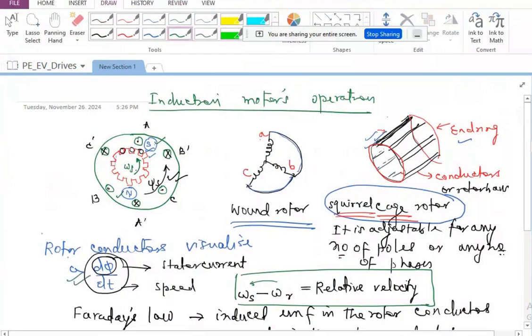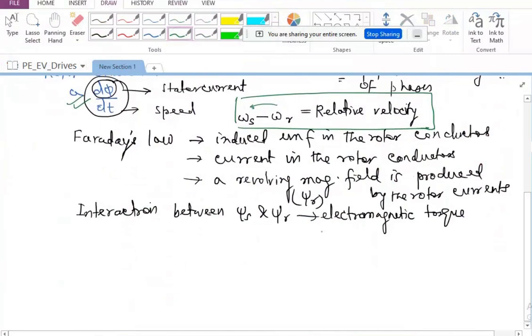magnetic flux at all. So dφ/dt will become 0 if ωs, the revolving magnetic field speed of the stator, and ωr, the actual rotor velocity, are equal to each other. So the electromagnetic torque would try to rotate the rotor in the same direction as the revolving magnetic field created by the stator, and push it to ωs.